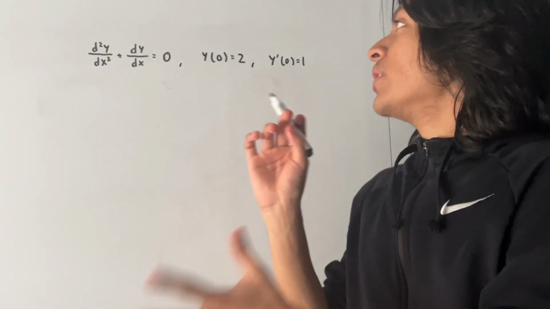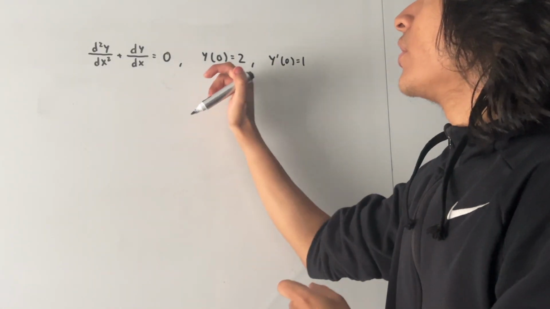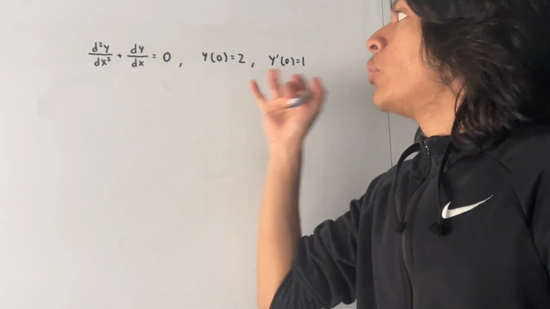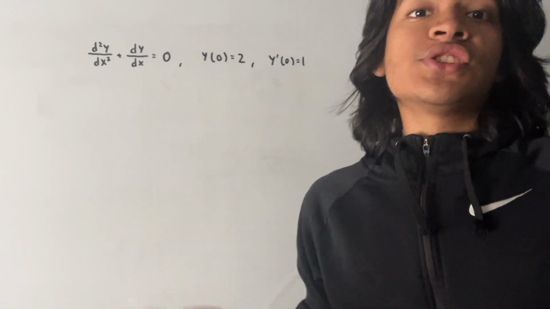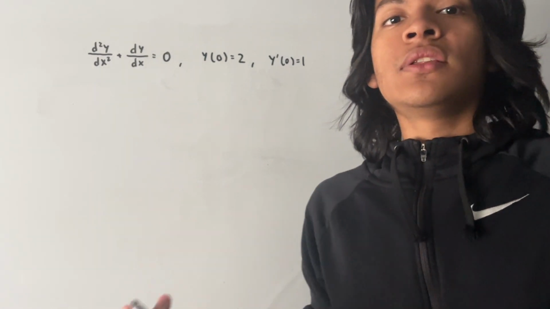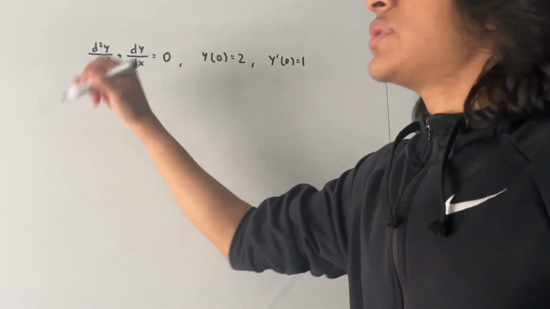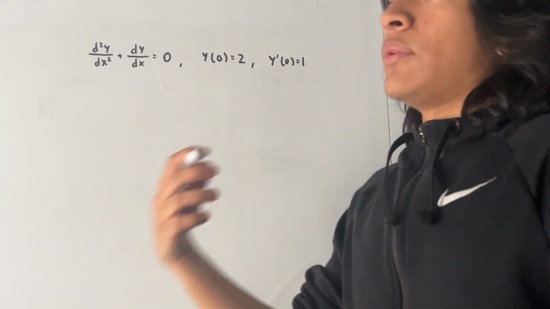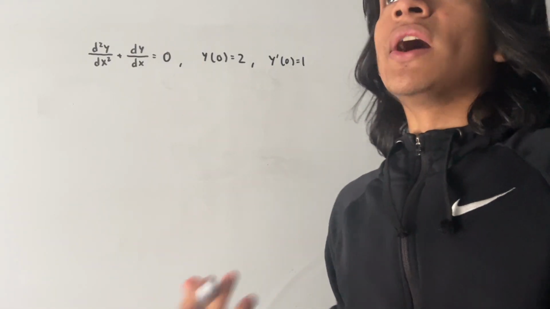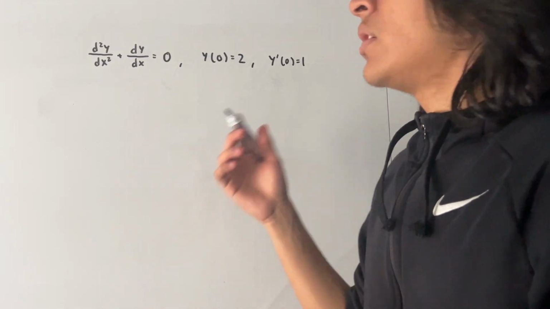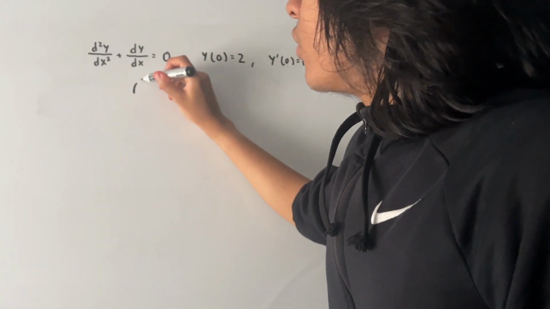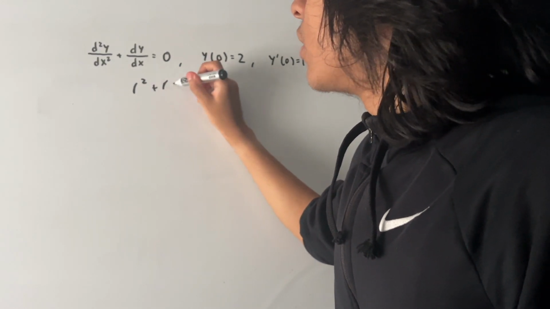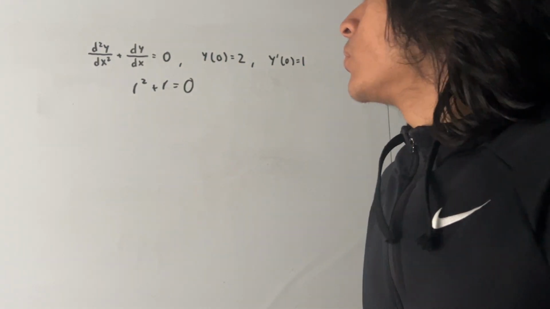Okay, so here I have another differential equation, but right here we have some initial points that we also need to apply to this equation. So let's just do the same approach as we did with the other problems. I'm just going to skip writing that we're assuming that y is e to the rx. Our auxiliary equation for this is going to be r squared plus r, which is equal to 0.